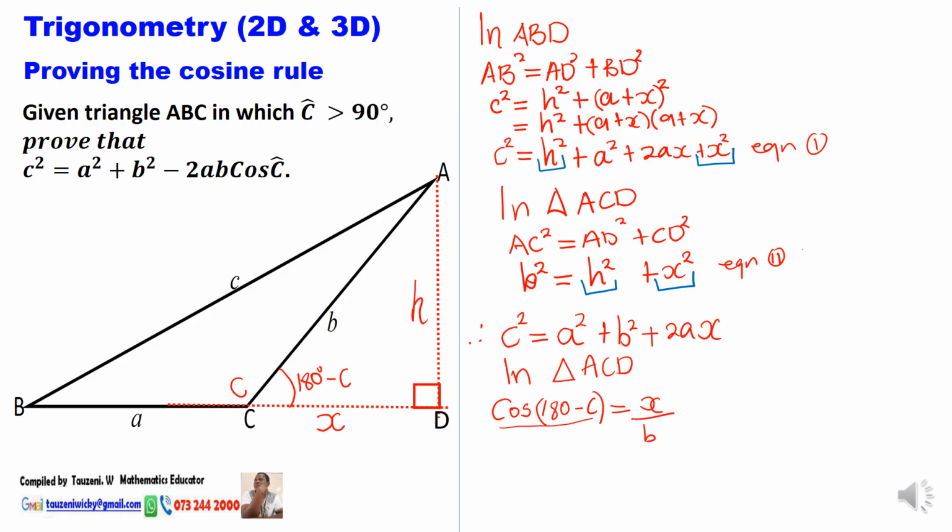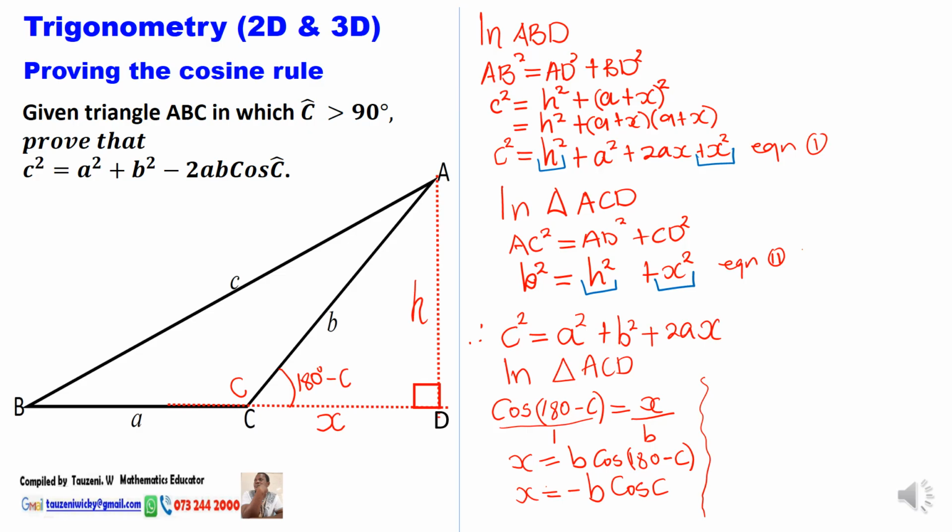Then from there, we cross multiply. 1 times x is equal to b multiplied by the cos of 180 minus c. Then using reduction formulas, the cos of 180 minus c is the same as negative cos c. So this changes this expression into minus b multiplied by the cos of c.